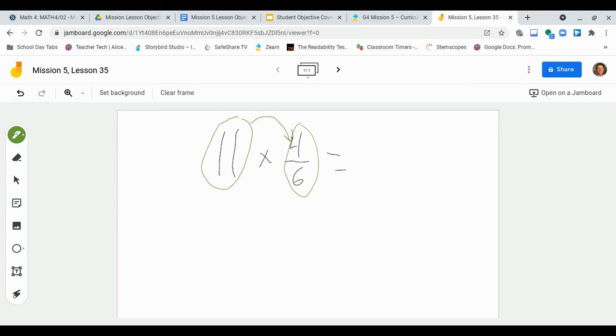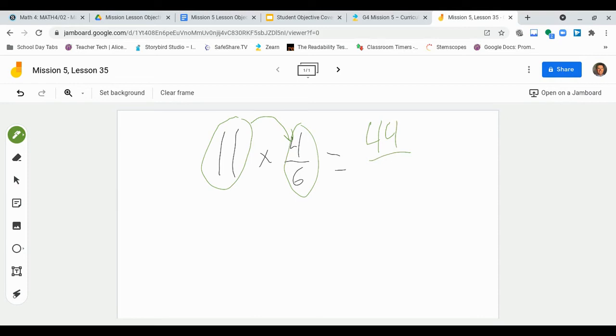So I go 11 times 4. And what is 11 times 4? Well, 11 times 4 is 11, 22, 33, 44. 44 then becomes my numerator.